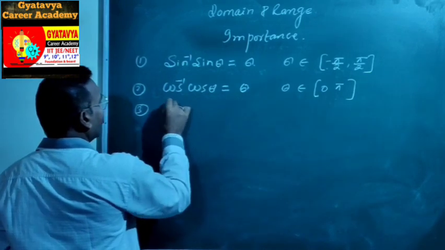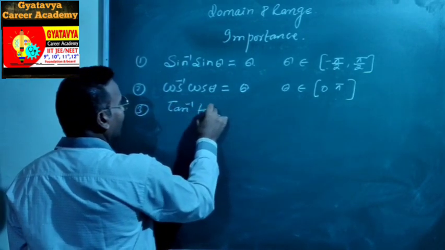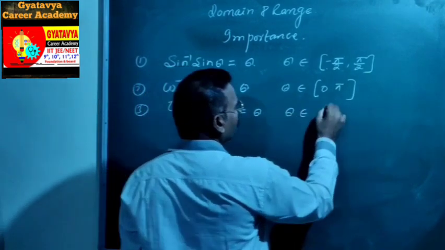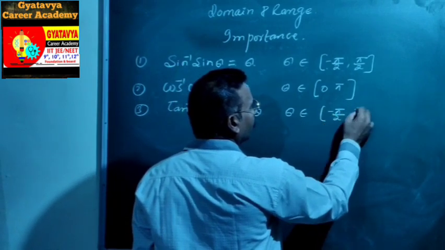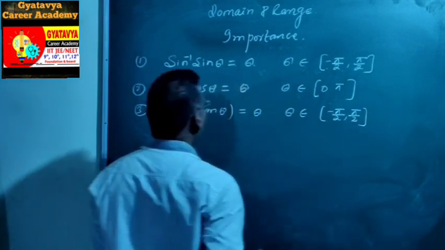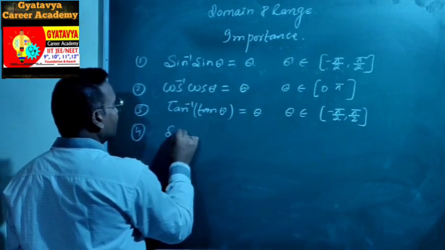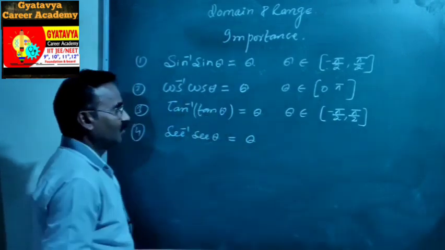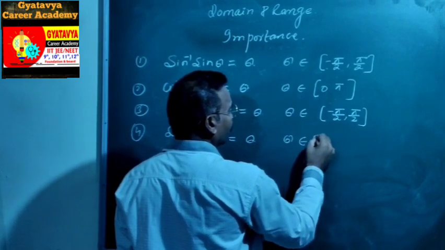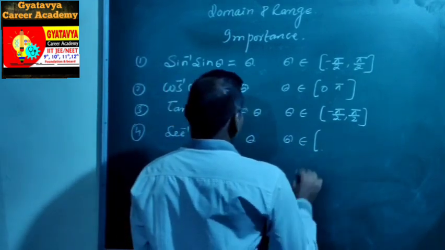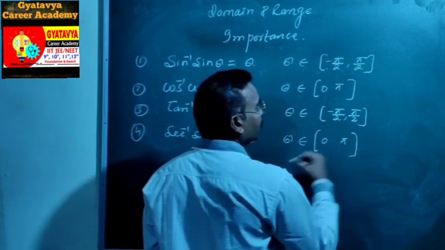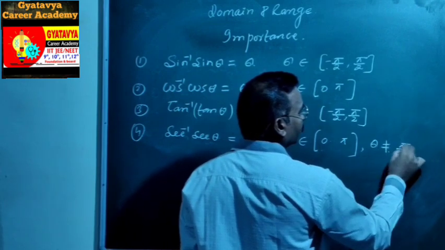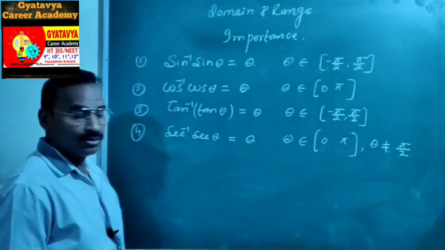Now third, tan inverse tan theta is equal to theta if theta belongs to minus 90 to plus 90 in open interval. Okay, now fourth, sec inverse sec theta is equal to theta if theta belongs to 0 to pi, and theta cannot be equal to pi by 2. Theta cannot be equal to pi by 2.